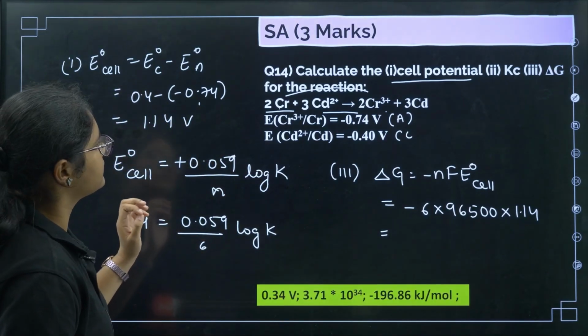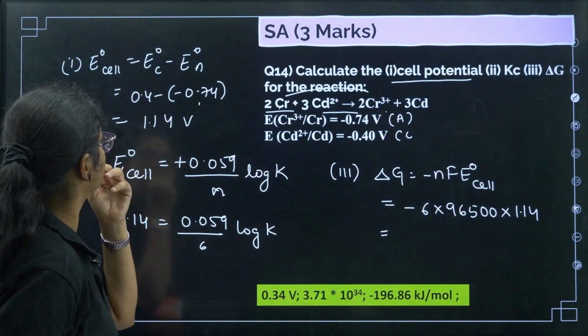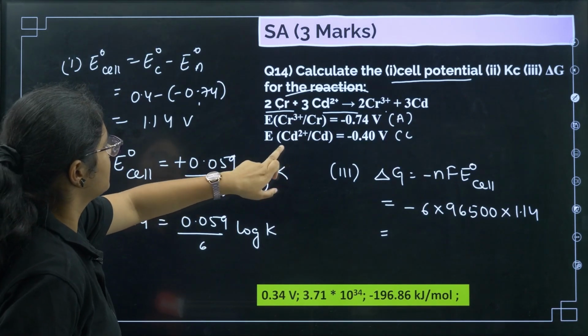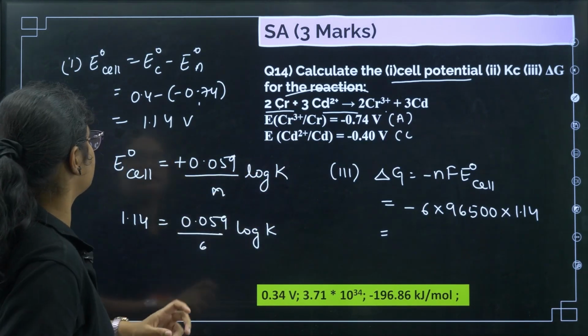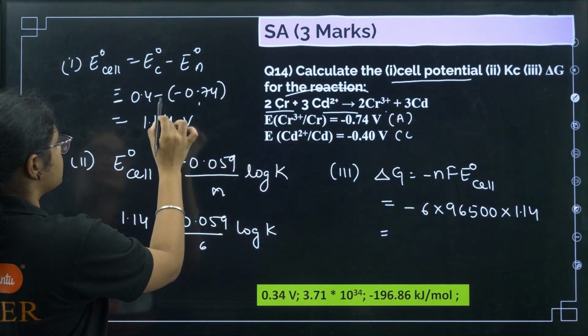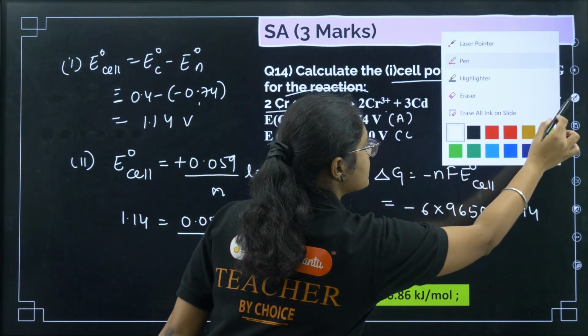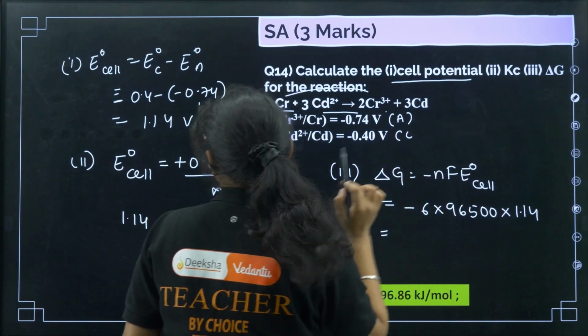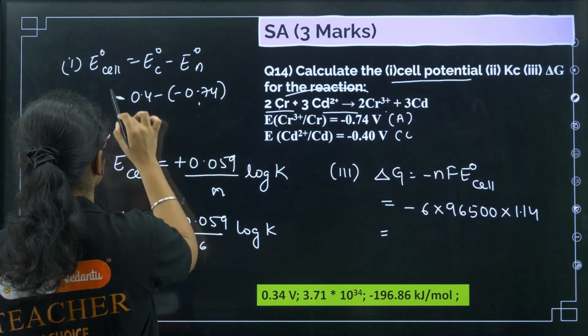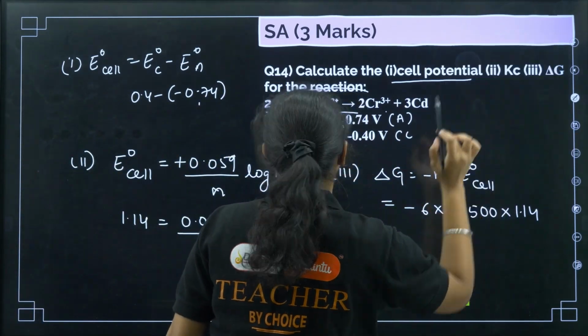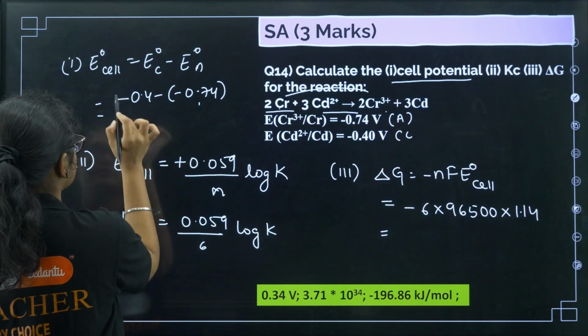One second, did we make any mistake here? The value for Cd²⁺ is minus 0.4, so it will become plus; there is a small error here. This value is minus 0.4, right?